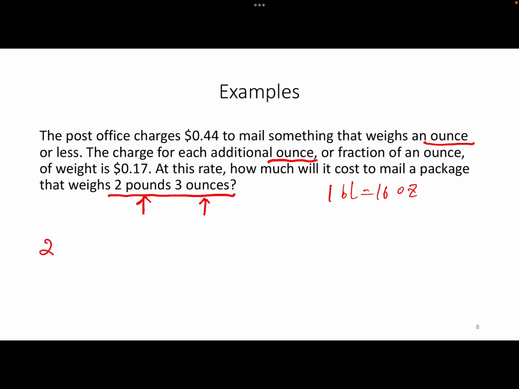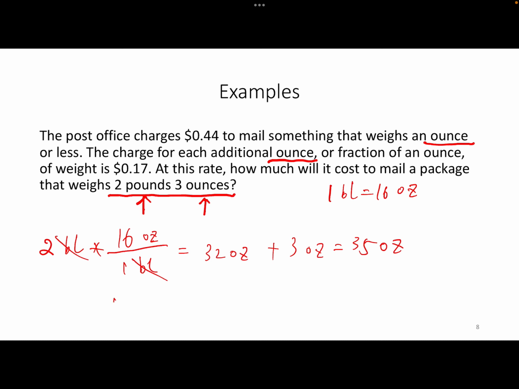Okay, so 2 pounds 3 ounces equals what? 2 pounds, right, times 1 pound is equivalent to 16 ounces. So pounds cancel out. We get 32 ounces, plus another 3 ounces. So this package totals 35 ounces. And how much will it cost to mail this package then? The first ounce is 44 cents, right?